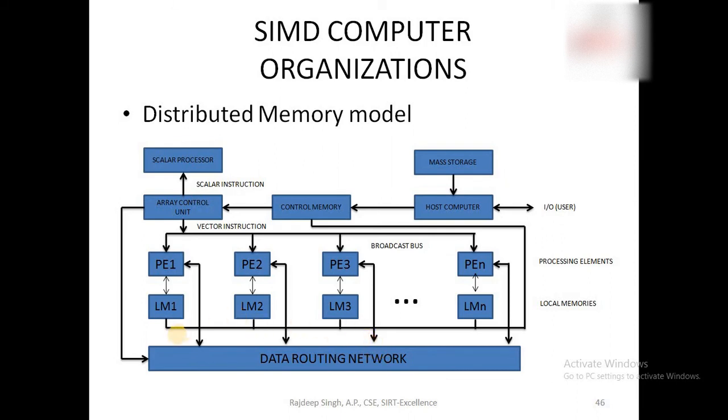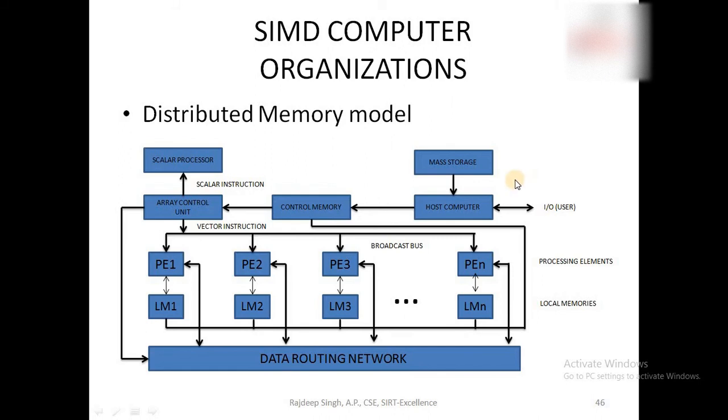So it is possible that the output of some processing element is to be fed to some other processing element. To resolve the dependency, this data routing network will be used to reroute the data from one processing element to another, but the local memory of each processor will not be shared at all. So this is the diagram of the distributed memory model.